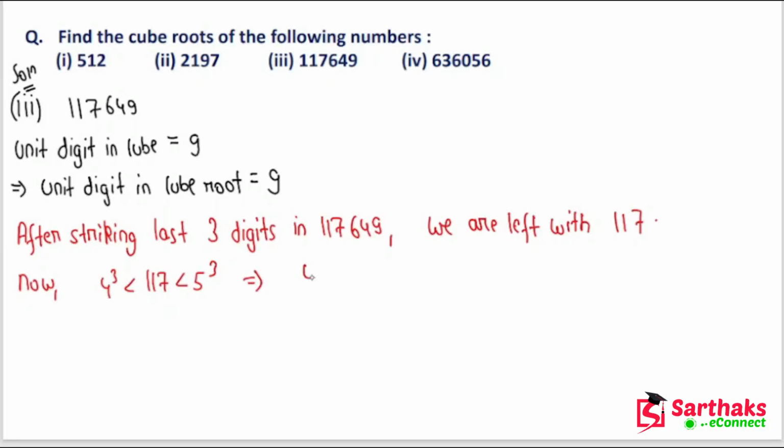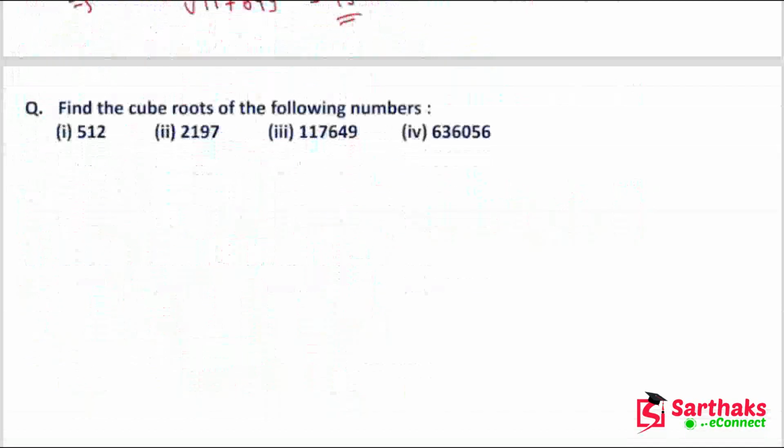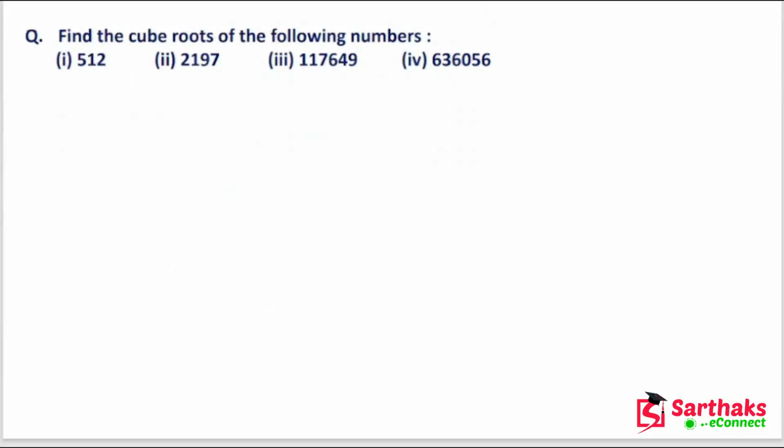So the tens digit of the cube root is equal to 4, which further implies that the cube root of 117649 will come out to be 49. Okay, so that is what we were talking about. Let us solve the last question, which is 636056.